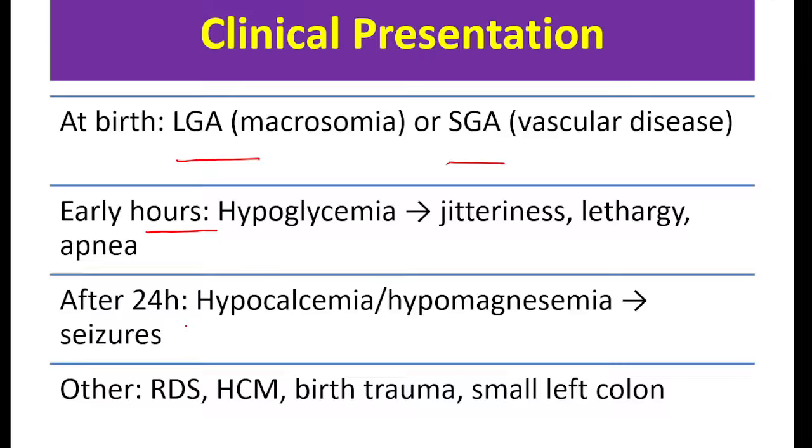After 24 hours, hypocalcemia and hypomagnesemia can lead to seizures. So, meticulous monitoring of calcium and magnesium levels is very important after birth. Respiratory distress, hypertrophic cardiomyopathy, birth trauma, or gastrointestinal anomalies may also be observed, as I discussed in the previous slide.